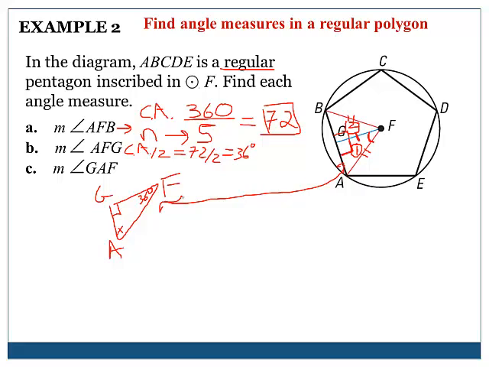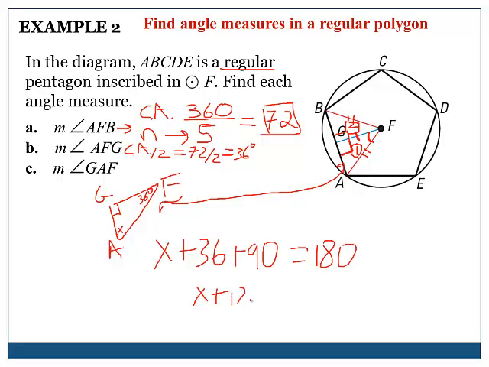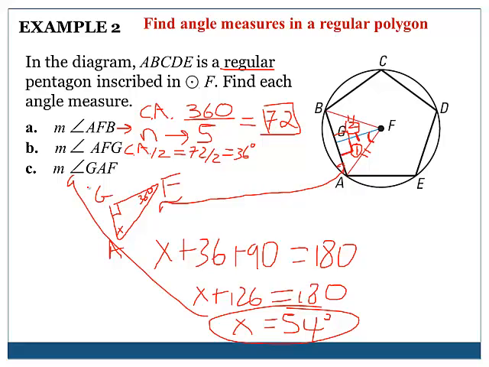All angles of a triangle add up to 180 degrees. So that means x plus 36 plus 90 equals 180 degrees. When I solve, I get x plus 126 equals 180. When you solve for this, you get x equals 54 degrees. And that's what the measure of angle GAF is.